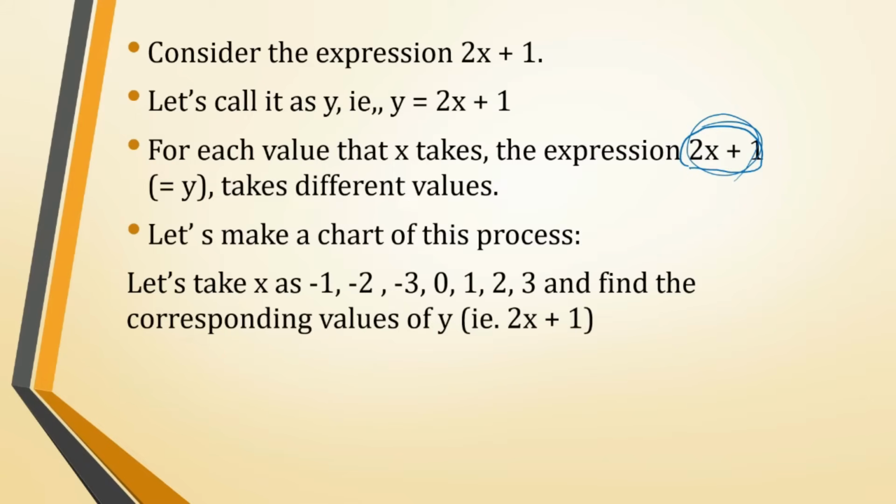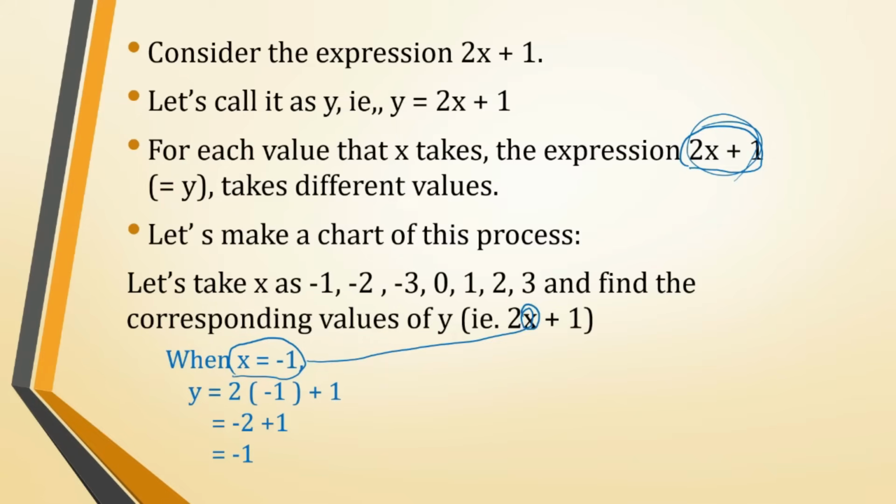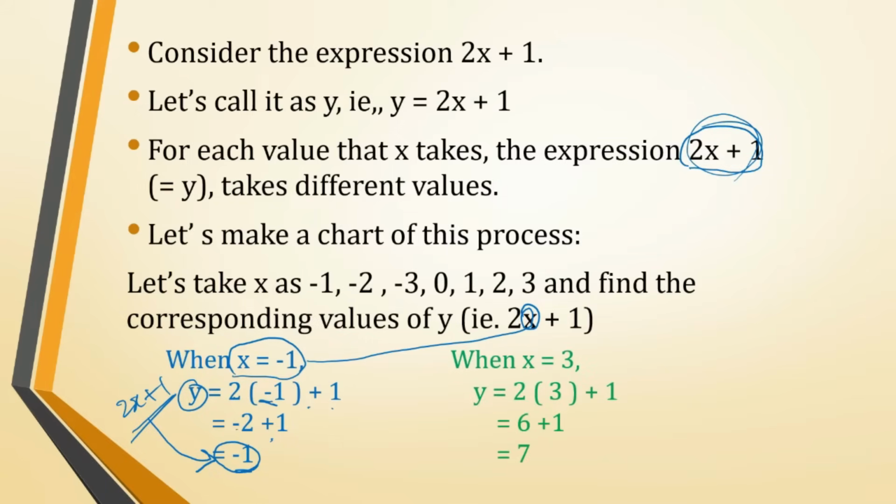Let's say for an example, x is equal to -1. When you plug in -1 into this place, we get 2 times -1 plus 1, which is -2 plus 1, which is -1. So you get the value of y. y is nothing but 2x plus 1, so the value of 2x plus 1, which is y, will be -1. I'm going to give you another example. Let's say x is equal to 3.